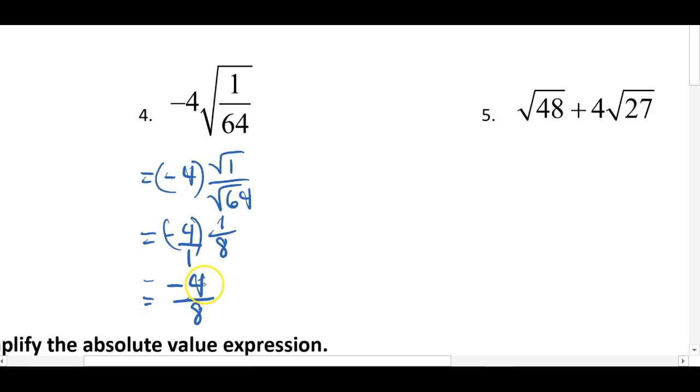I can divide 2. Actually, you know what? Let's do another number, because I can actually divide 4 into both of those. You want to choose the biggest number you can divide when you reduce a fraction. -4 divided by 4 is -1. And 8 divided by 4 is 2. So -1/2.